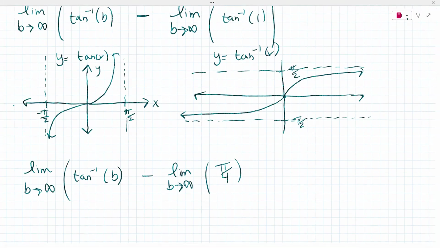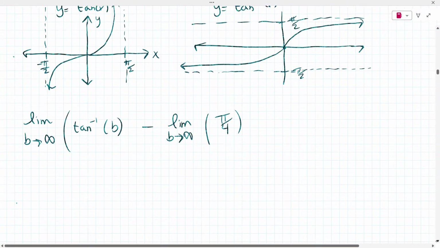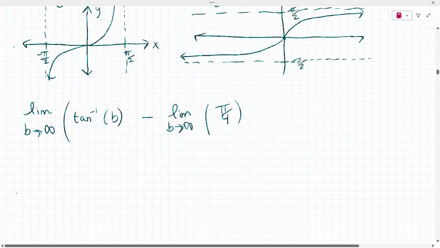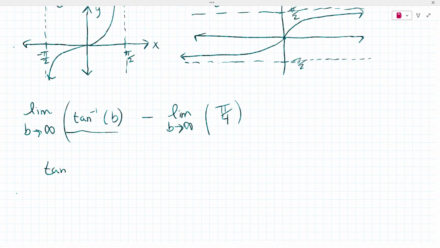What angle in radians gives you a tangent of positive 1? Pi over 4. Now you just plug in infinity for b. Over here, this would be tan inverse of infinity, and minus the limit as b approaches infinity of pi over 4, it's still going to spit out pi over 4.